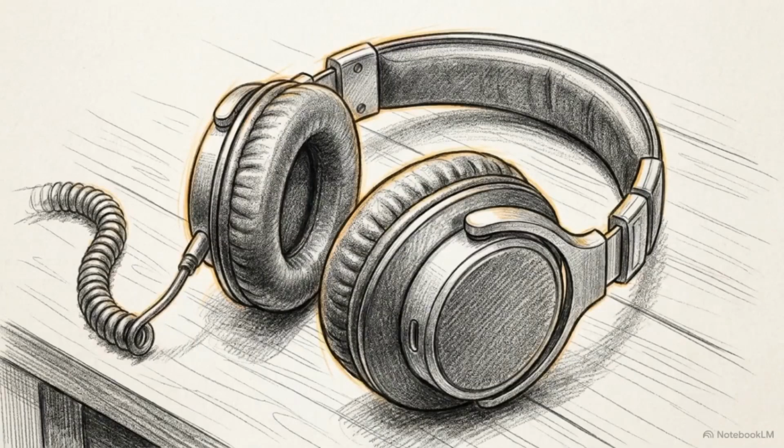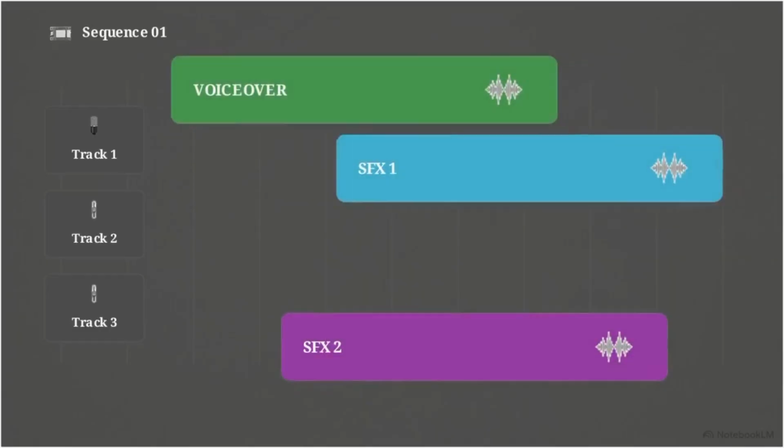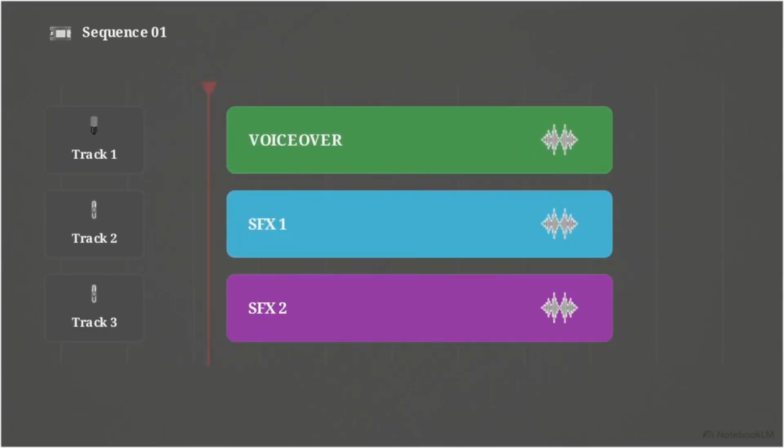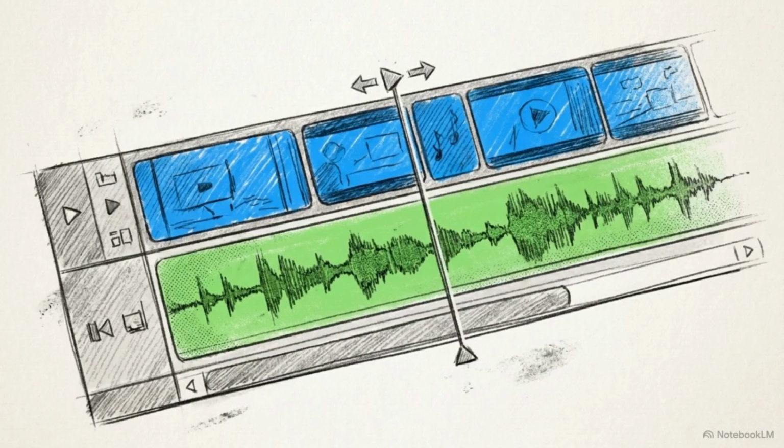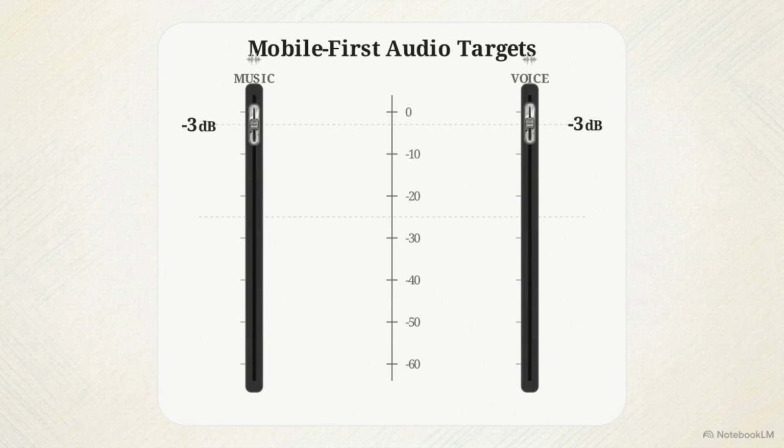With the visual pacing locked, we need to address the auditory experience. That requires a crisp voiceover track and layered sound effects. Here, you can see our music library interface. We are dragging our selected audio waveform directly out of the library and down onto the multi-track timeline below our video clips. To ensure the mix sounds right on mobile devices, you have to hit specific targets.